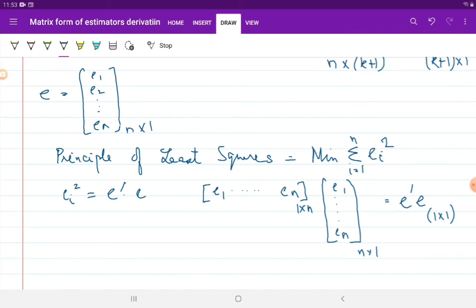That is, you will get one value if you multiply the matrix of error terms in this manner. Why are we multiplying it in this manner? Because our principle of least squares asks you to find the line of regression such that the sum of squares of the deviations is minimized.